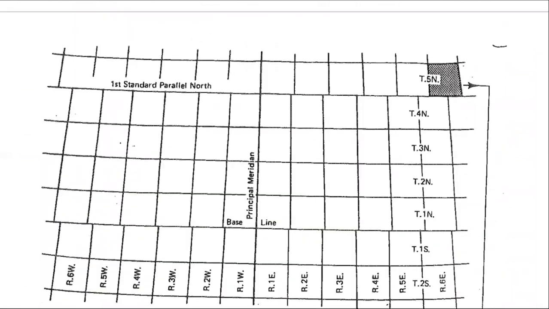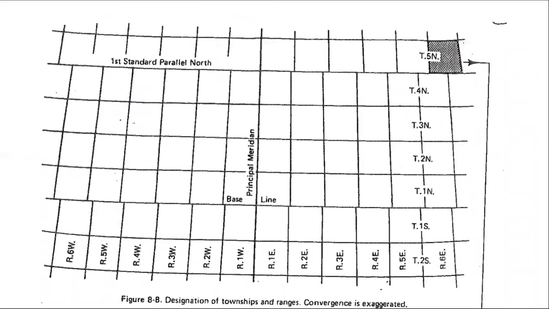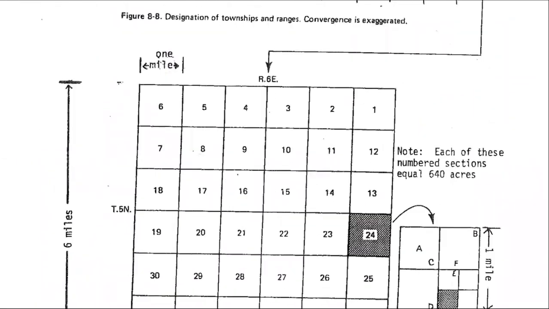This is the same thing that I just tried to draw for you. They show you the baseline and the principal meridian, and then they show you these townships and ranges, and they label them for you. They're going to take a specific box, and I'm going to outline that in red. So this would be the box. They're going to take that and blow that up for you.